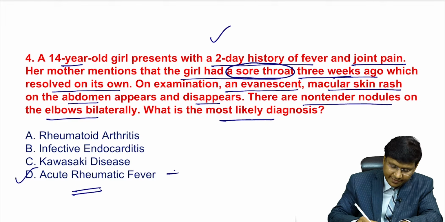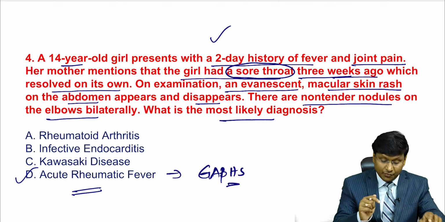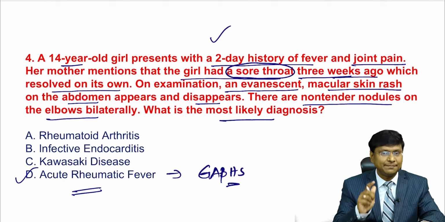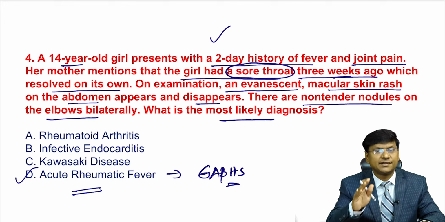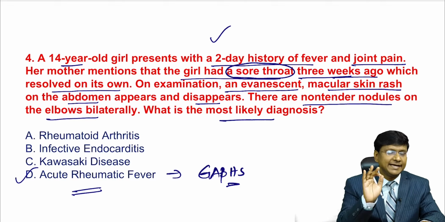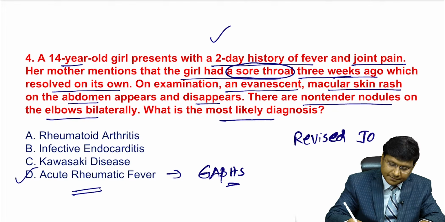It is secondary to group A beta hemolytic streptococcal pharyngitis. Whenever you don't give antibiotic treatment to streptococcal pharyngitis, there is an increased risk of developing acute rheumatic fever. The diagnosis is based on the revised Jones criteria.